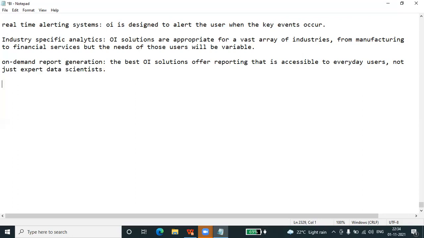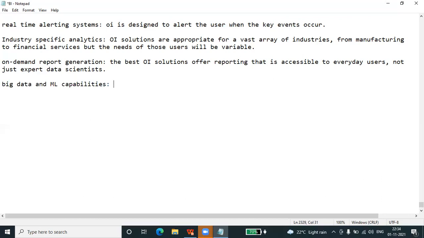Big data and machine learning capabilities. Operational intelligence leverages artificial intelligence, enabling advanced models and algorithms to make sense of vast data stores.